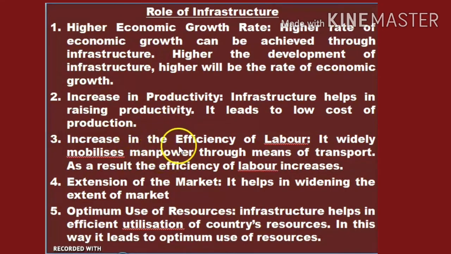Third point, increase in the efficiency of labor. It widely mobilizes manpower through means of transport. As a result, the efficiency of labor increases. So by means of transport, economic growth may be attained, and as a result the labor can be mobilized.